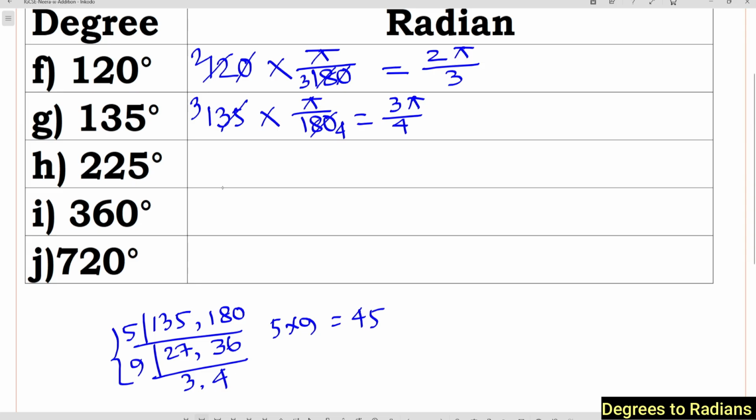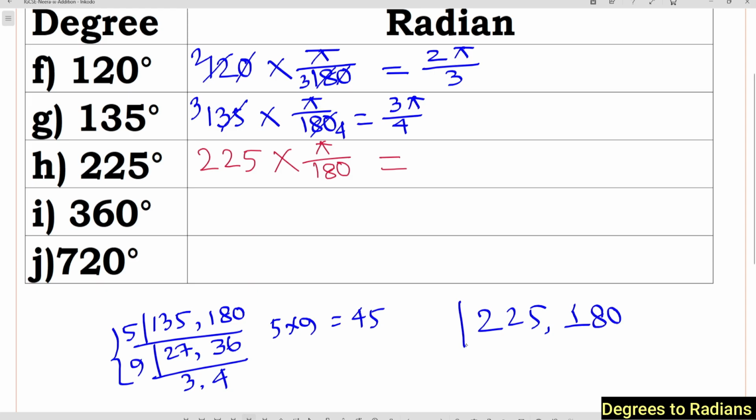Next, here is 225 times pi divided by 180. Same thing, we have to find the common divisor, the GCD of 225 and 180.